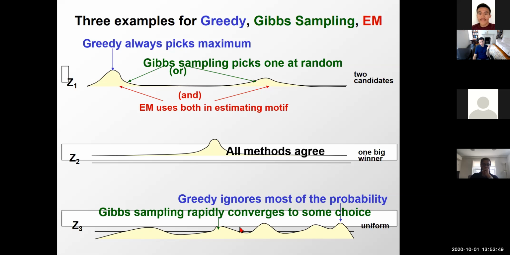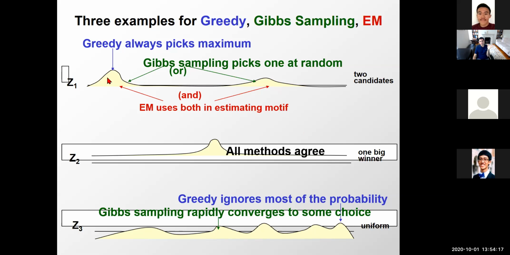And in this particular case, greedy, for example, would ignore most of the probability distribution. Expectation maximization would try so hard to please everyone and then not converge at all. Whereas Gibbs sampling will rapidly converge to some choice because it basically says, I'm going to make a choice, and maybe by focusing on the end of the motif, it will be able to reconstruct the whole beginning of it.